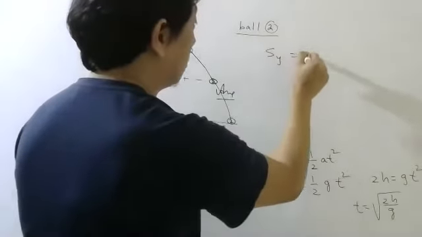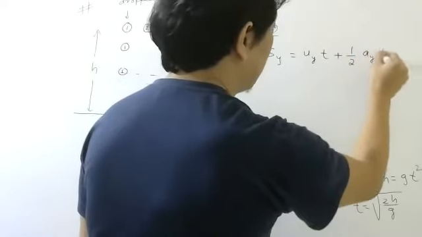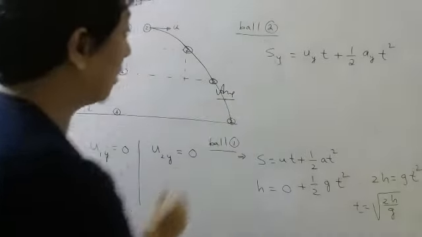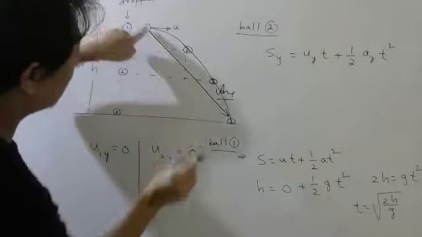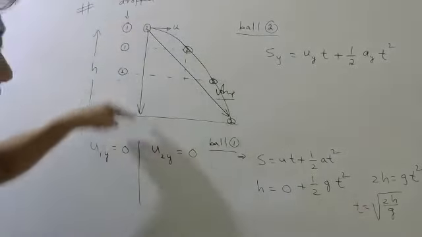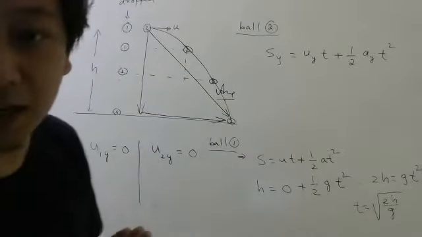Sy equal to uyt plus half ay t square. Correct or not? Now what is the y component of displacement? See, ball number 2 has reached in here. This is the displacement vector. So this is the y component of displacement. Correct? This is the x component of displacement.